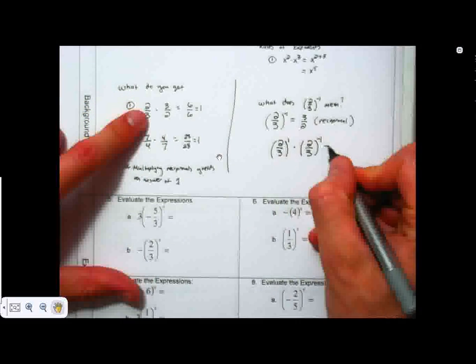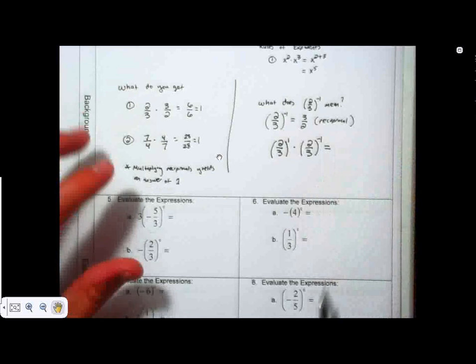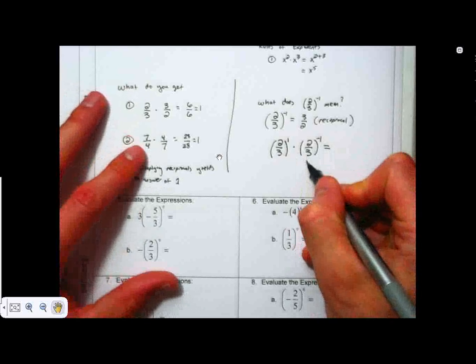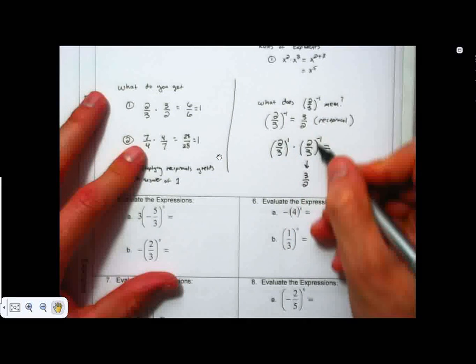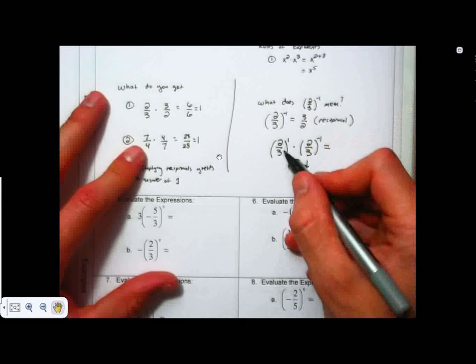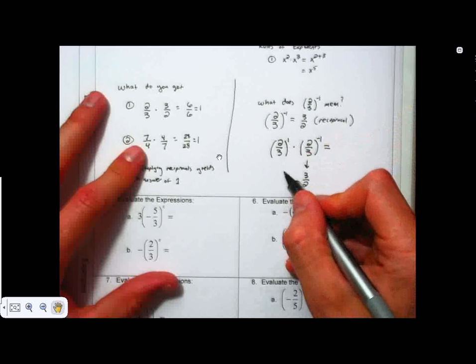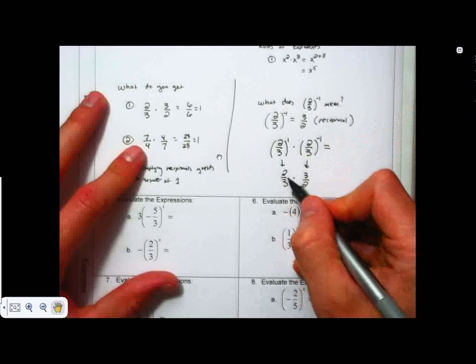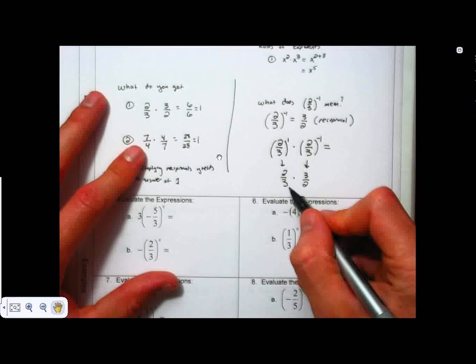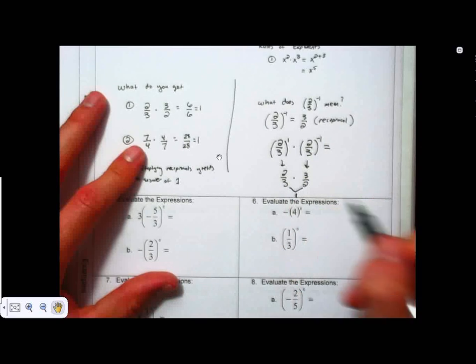I can actually do this calculation in two ways. One way is that I know the reciprocal of 2/3 is 3 over 2, that's what we just wrote. And 2/3 to the first power is just 2/3. We've already done this problem: 2/3 times 3 over 2 gives an answer of 1.